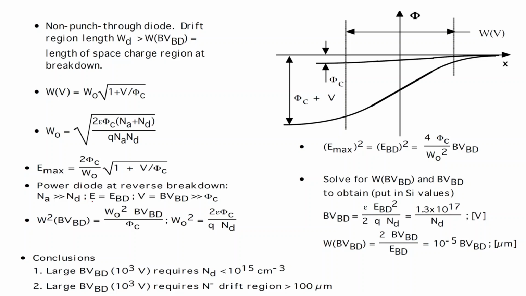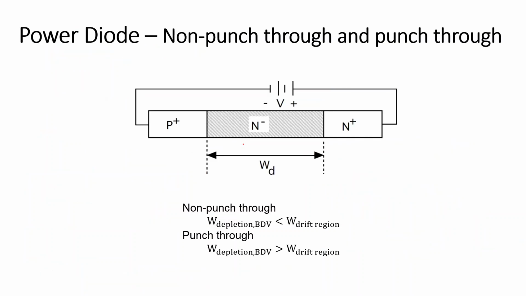At breakdown, E can be written as EBD, where EBD means the electric field required for a breakdown in silicon, because mostly this material is silicon, except that some doping is done here.